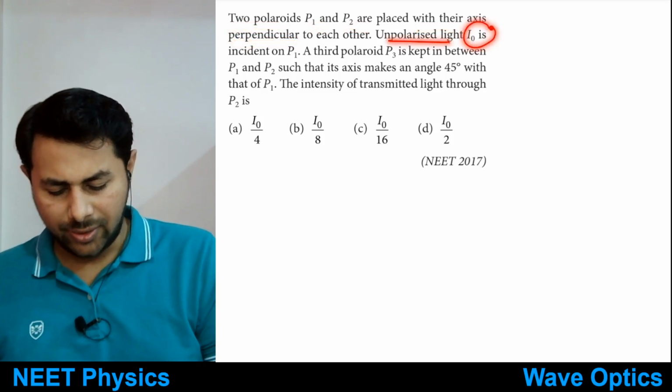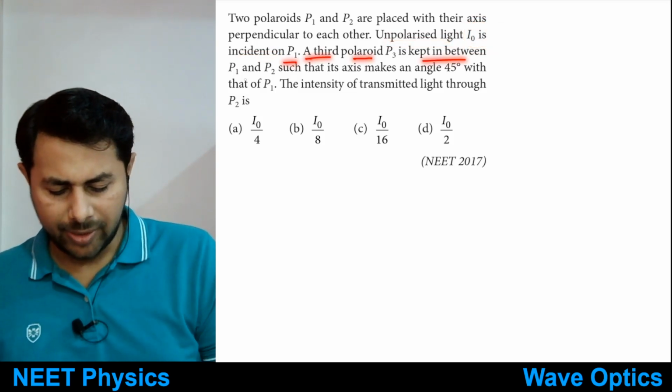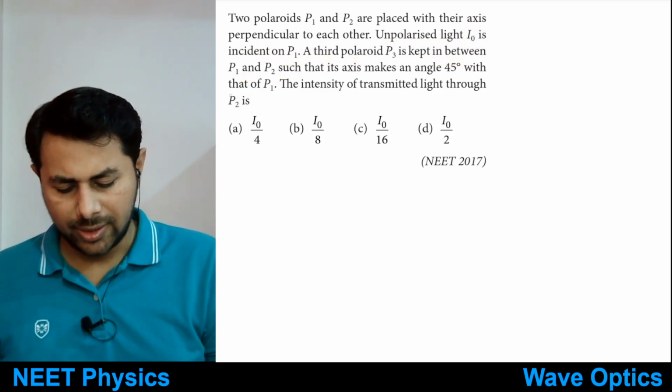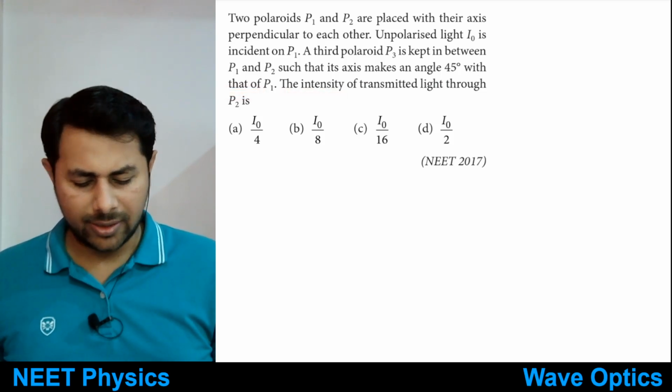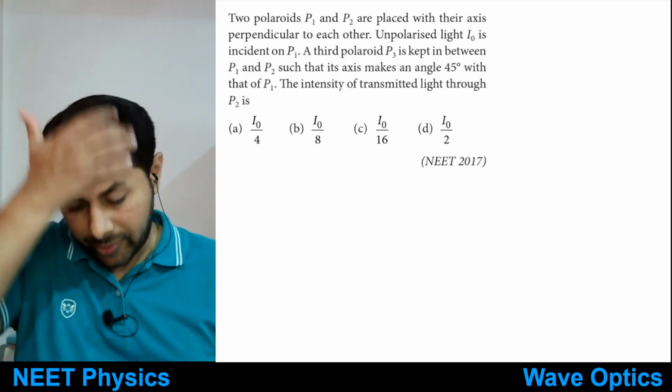Unpolarized light I0 is incident on P1. A third Polaroid P3 is kept in between P1 and P2 such that its axis makes an angle of 45 degrees with that of P1. The intensity of transmitted light through P2 is, okay, tell me what will happen.